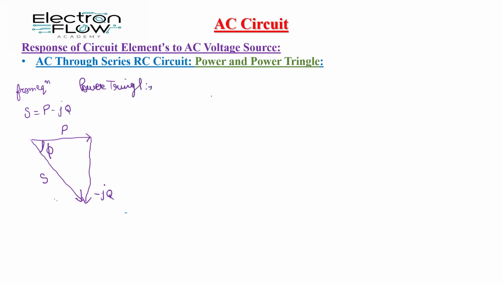In the power triangle, we know that S, which is equal to VI, is nothing but the apparent power.